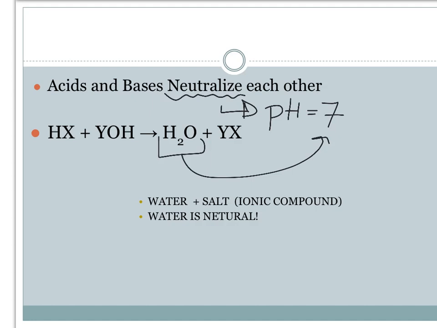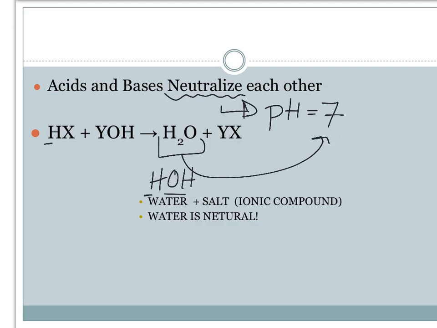It is both an acid and a base at the same time, because if we were to break it down, it is HOH, hydrogen hydroxide. Starts with hydrogen, ends with hydroxide. So both an acid and a base, and therefore it has that neutral pH of 7.